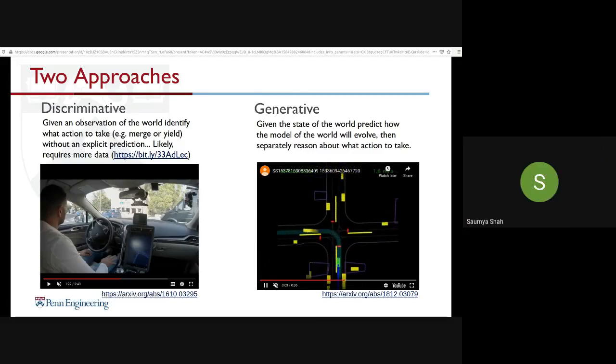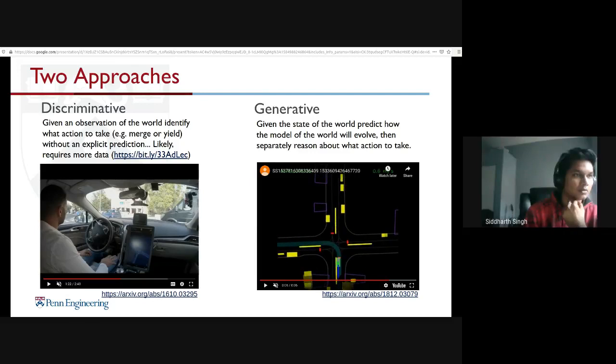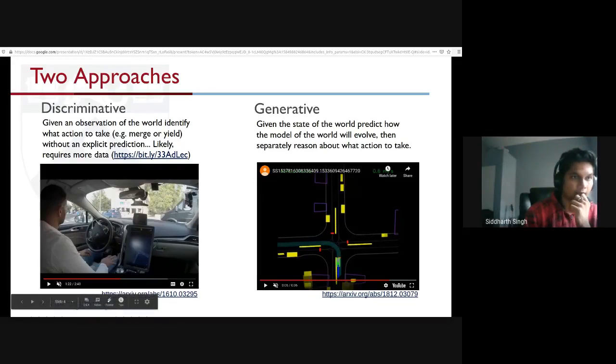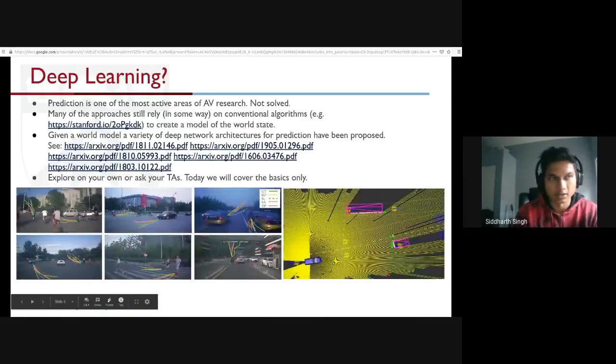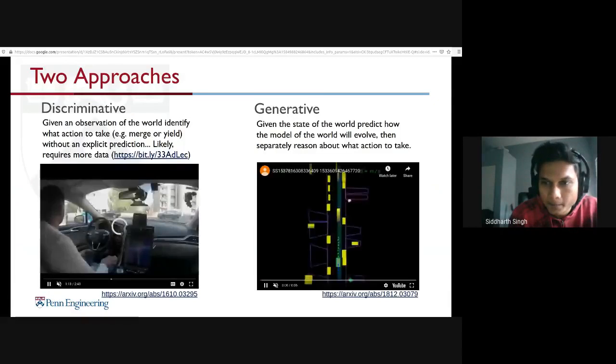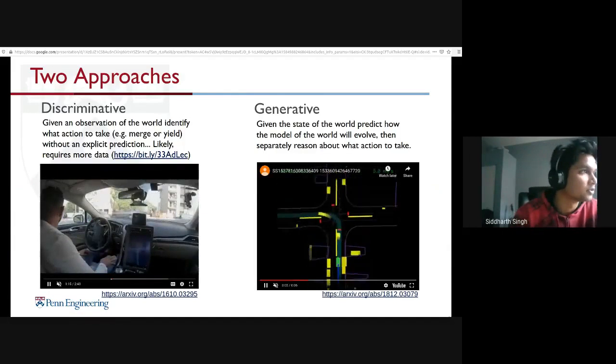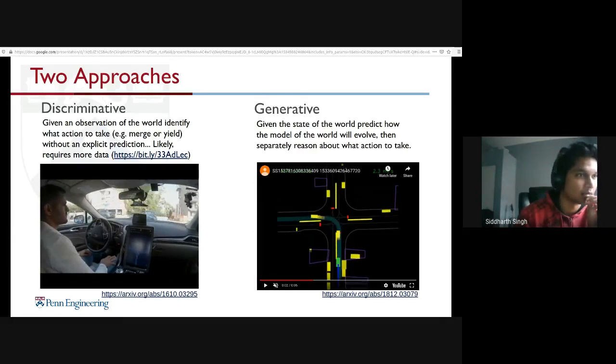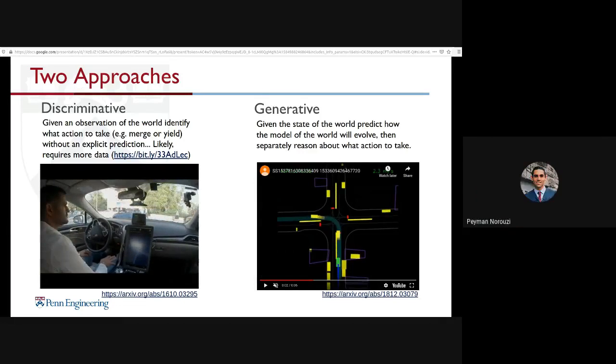I'm not sure if others can see it. Do you see the slide titled Two Approaches? Yeah, I see the slide, but nothing being played. Okay. Pin the slides. How do I pin the slides? This is strange. Can nobody else see the video being played? I can see it. I got you. I can see it. I've pinned the slides now.